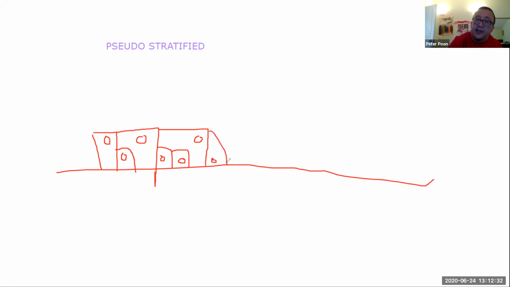Okay. This is pseudo-stratified, because if I wasn't looking at this very closely, I would think there's one line of cells here and one line on the bottom, and that would make two, and therefore it will be stratified. But if you look very closely, every single one of these cells come all the way down to this membrane here called the basement membrane.